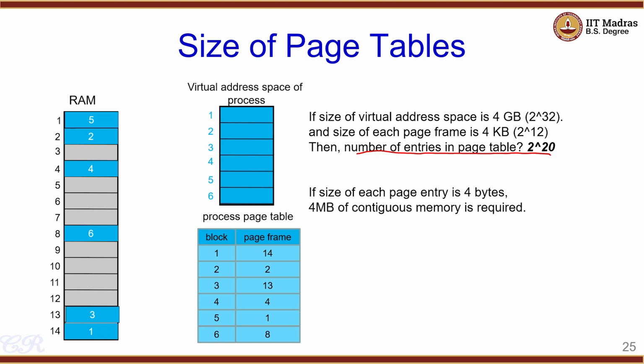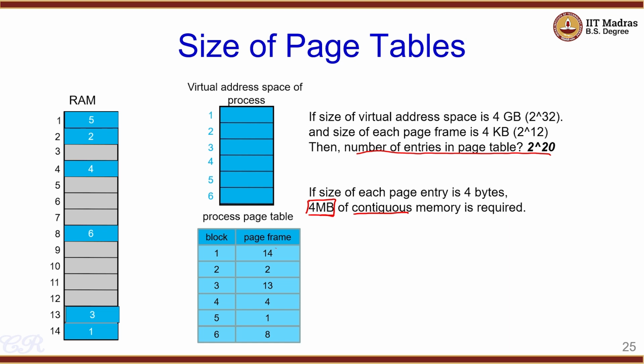Furthermore, if we make an assumption that each entry in this page table is 4 bytes, then essentially we require 4 megabytes of contiguous memory to store the page table, right? While 4 megabytes is not a big number, the problem is that this memory needs to be contiguous, right?